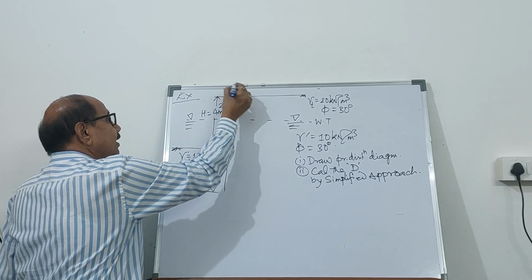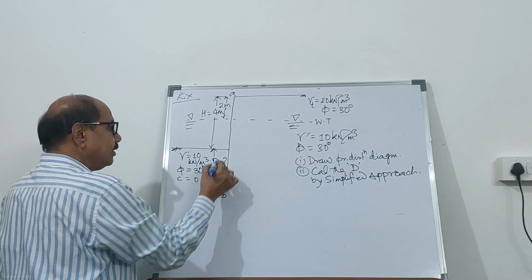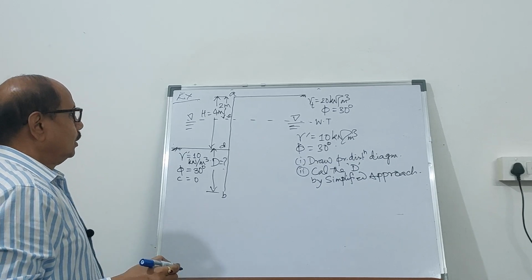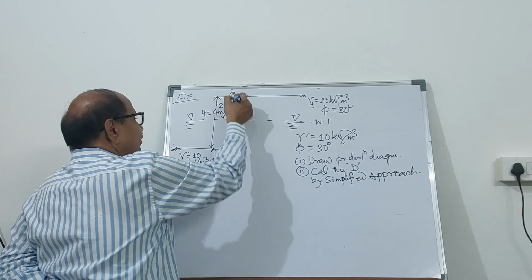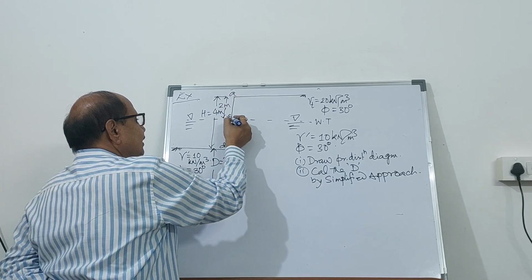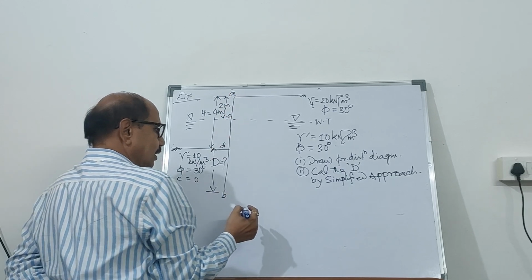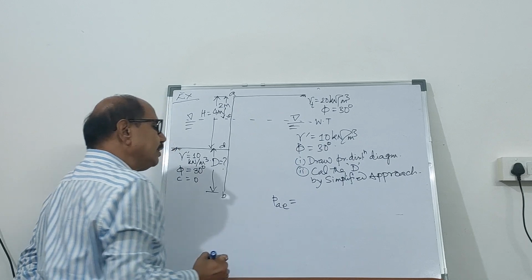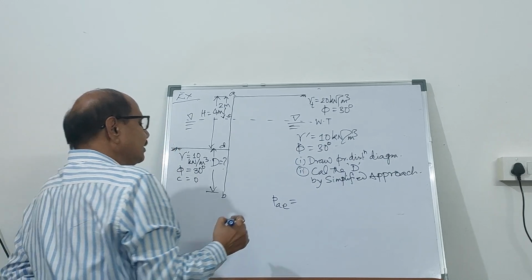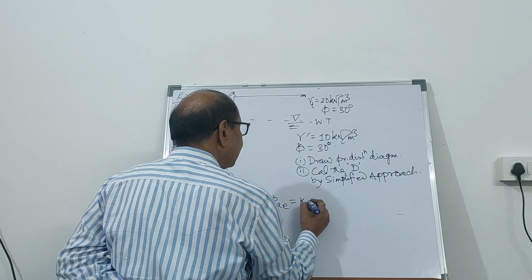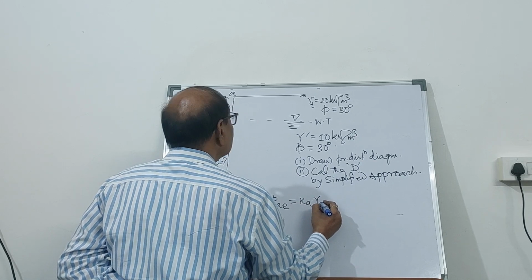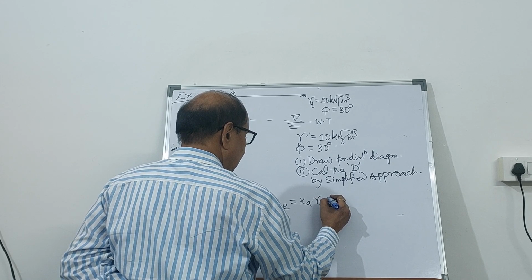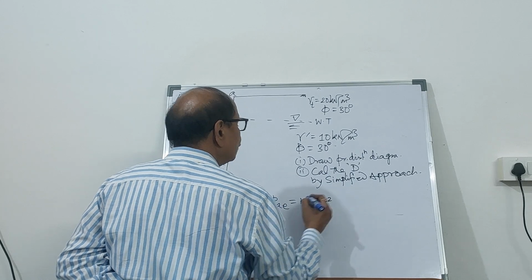So there is going to be A, bottommost will be B, this is D, this is E. So the active earth pressure at E, that is at 2 meter, PA at E, you can calculate it. What will be that? It will be K into gamma T into the height, that is 2 meter.